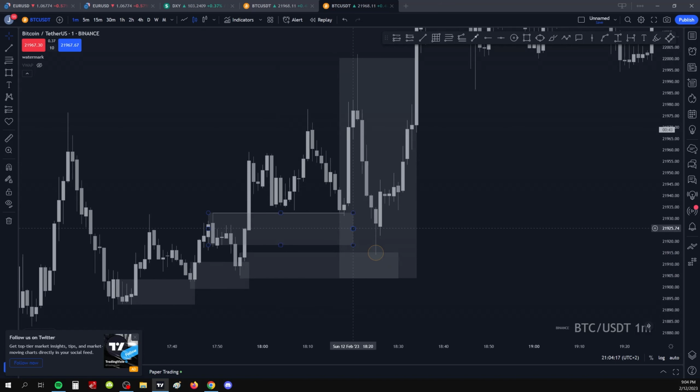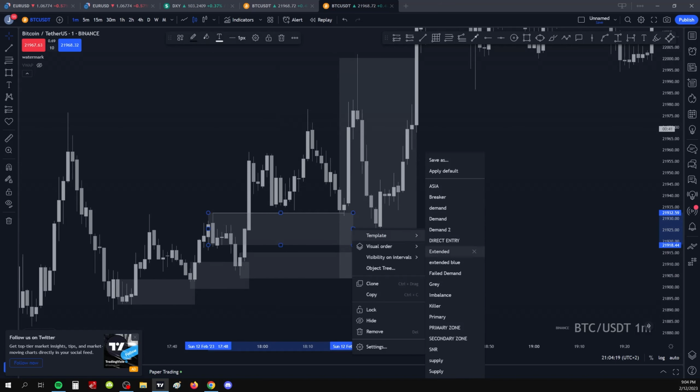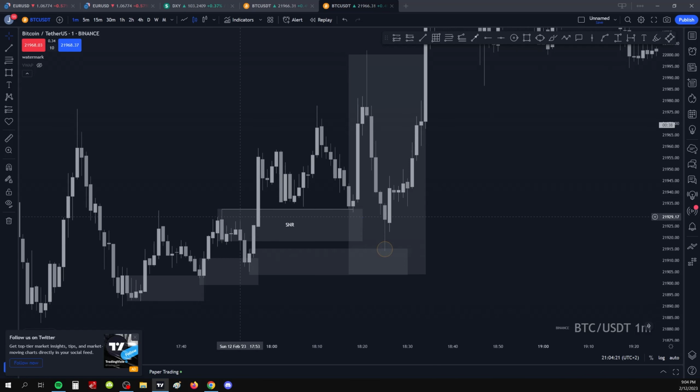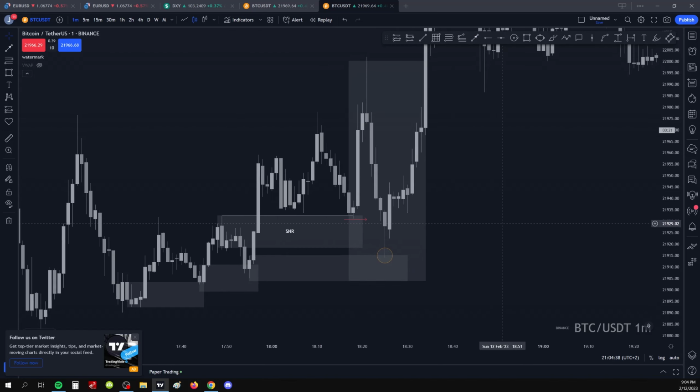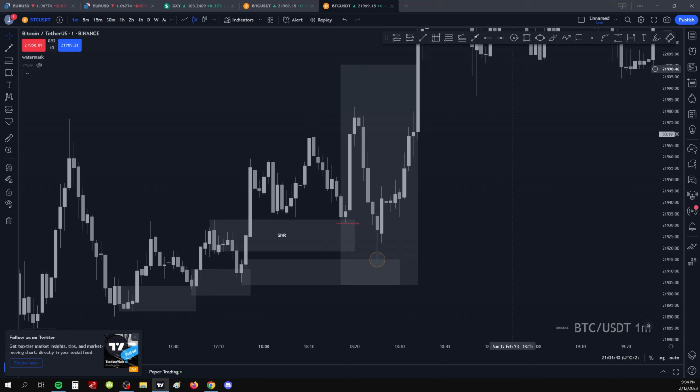First of all, whenever you see, I call this SNR, because whenever you see a move up from a breaker or support resistance zone, it usually becomes the inducement itself. And what do we have now?